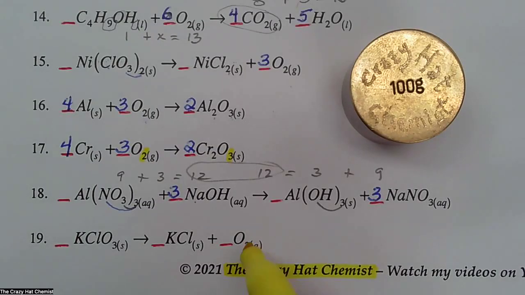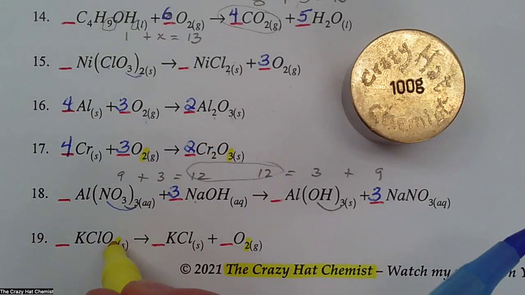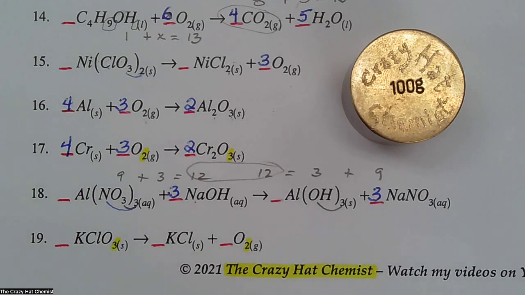The oxygens are not balanced, and I'll highlight those for you. There's 3 on the reactant side and 2 on the product side, and we have been here before with problems similar to this. We're going to use the greatest common factor, which is a 6. So that's 3 times 2, 6, and 2 times 3, that's 6 oxygens on both the product and the reactant side.